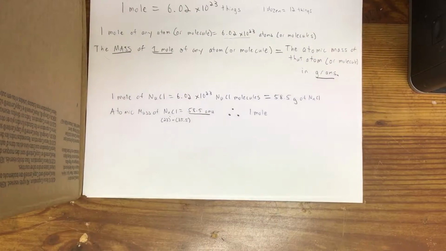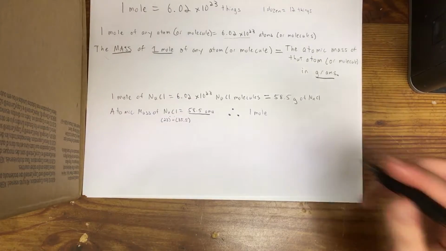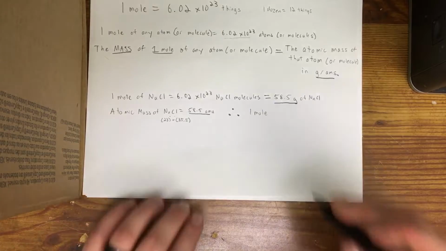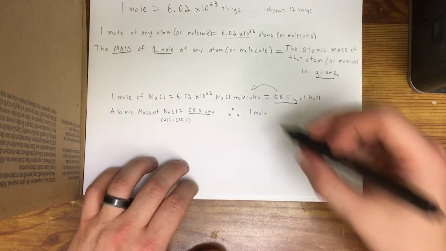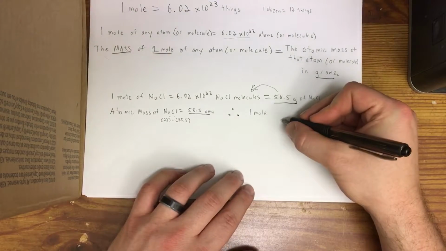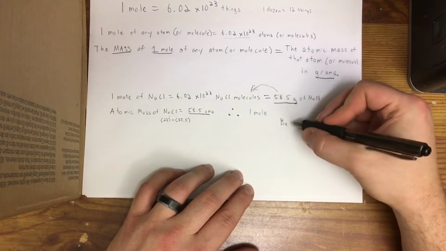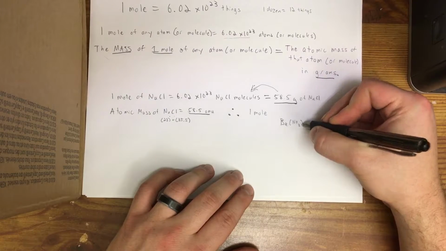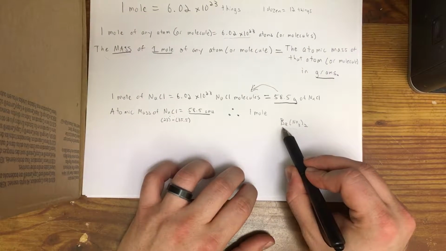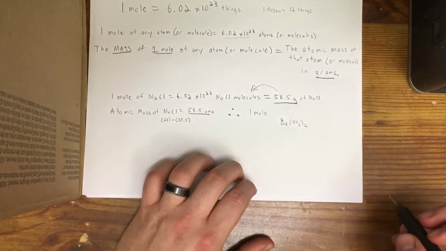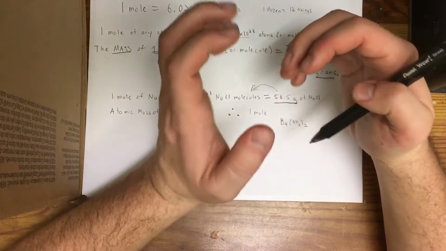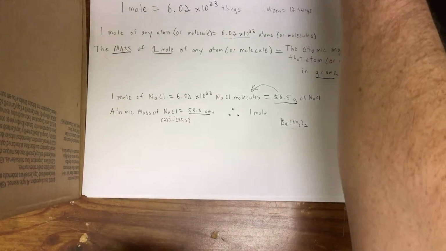So we can go to the scale, we can measure out 58.5 grams of sodium chloride, and that will contain exactly this many molecules. Now that's getting us somewhere, because then if we need to combine that with barium nitrate, all we need to do is add up the atomic mass of barium nitrate, weigh out that amount on the scale, and then those two quantities contain the exact same amount of molecules.